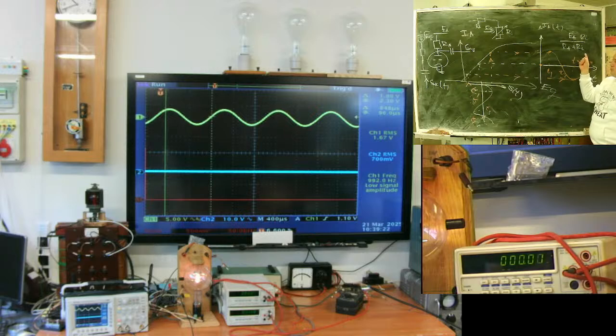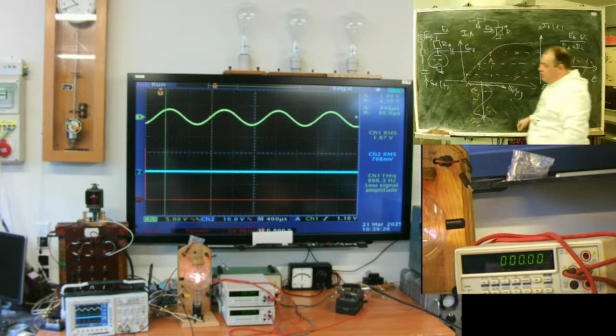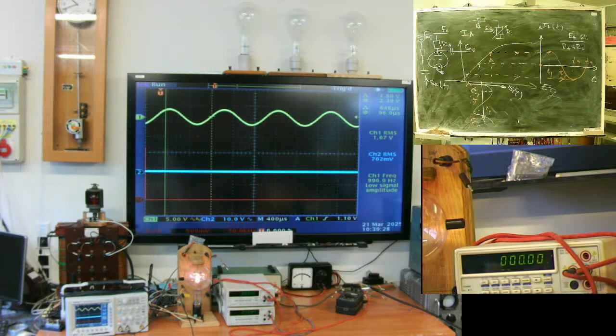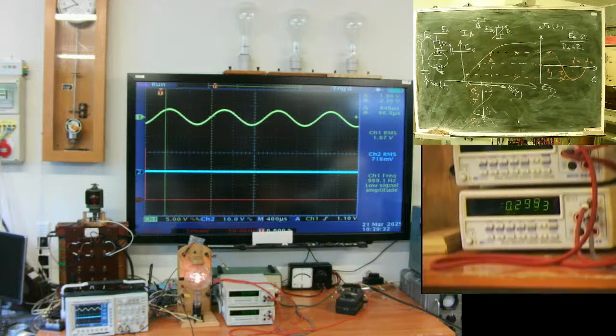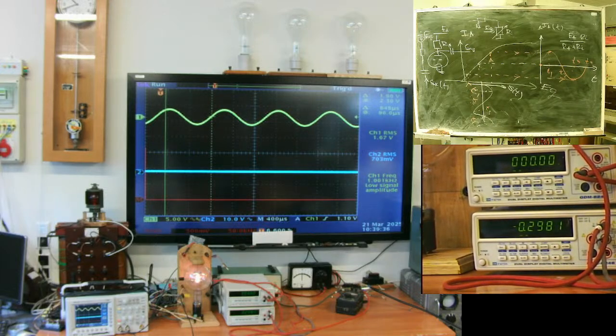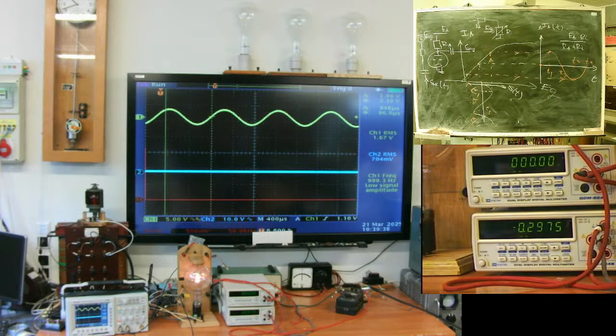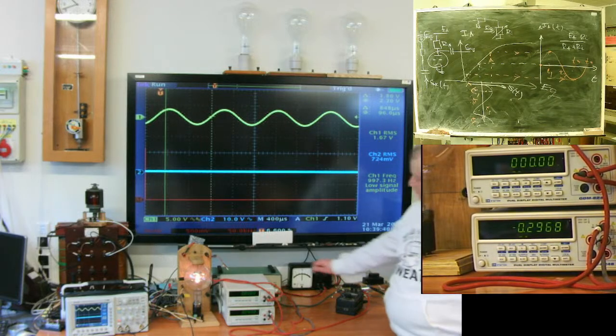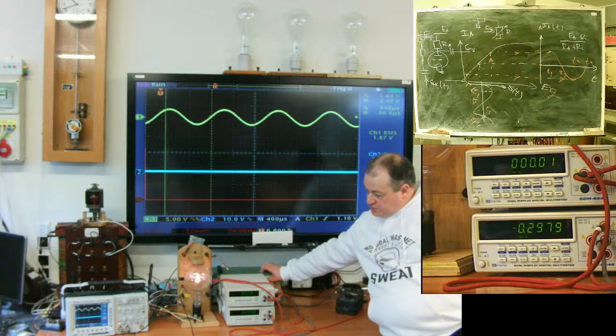So output voltage will be input with some proportion, with some ratio. Watch it. I'm changing offset. I'm changing work point.